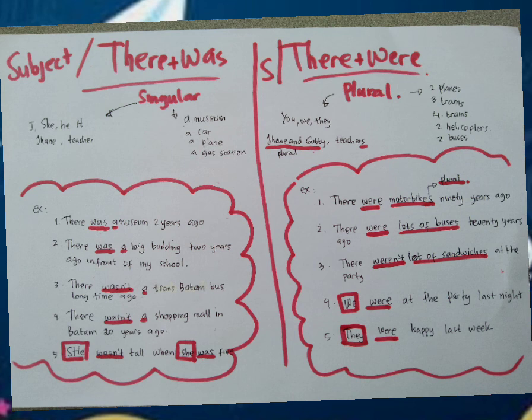And what about subject plus were? That's for plural: you, we, they, Tim and Daniel, teachers, cats. If there is S at the end, it means plural. So if the subject is singular, it will be followed by was. But if the subject is plural, it will be followed by were.